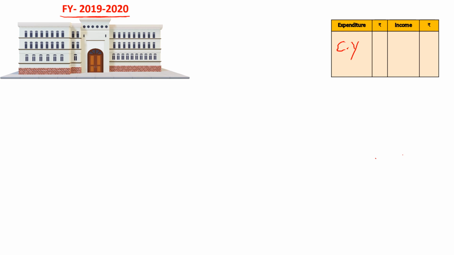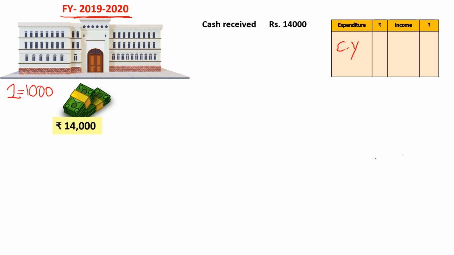With this detail, another information is given that one student fees per year will be rupees 1000. Now, during the year 2019-20, this school collected total cash of rupees 14,000 as fees. Cash received is 14,000 rupees. This is cash received for the year.